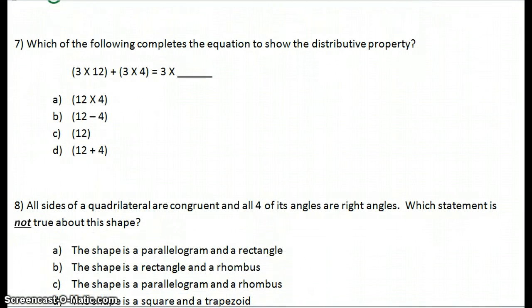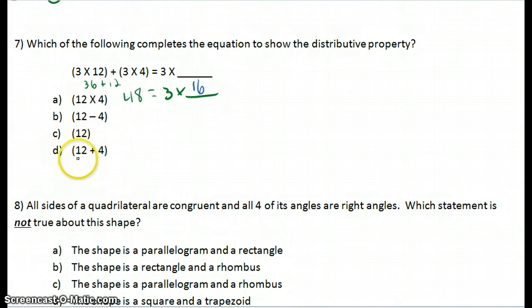Okay, number 7, which of the following shows the distributive property? Even if you don't know the answer right off the bat, we can look at this and through our own reasoning, we can say, well, this is 36 plus 3 times 4 is 12. So we have 48 equals 3 times a certain number. We don't know what that number is. But if we figure it out, we end up getting this number to be 16.